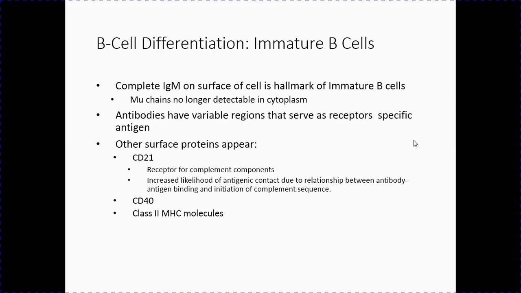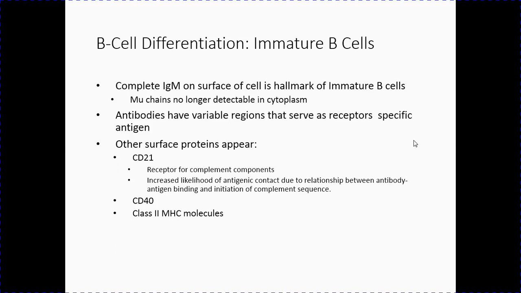In addition to that IgM developing on the surface of the cell of an immature B cell, we also start to see some other proteins. We start to see something called CD21. CD21 is a protein, a receptor for something called complement. We talked briefly about complement and how it is part of the immune system that will end up causing a destruction of a pathogen.